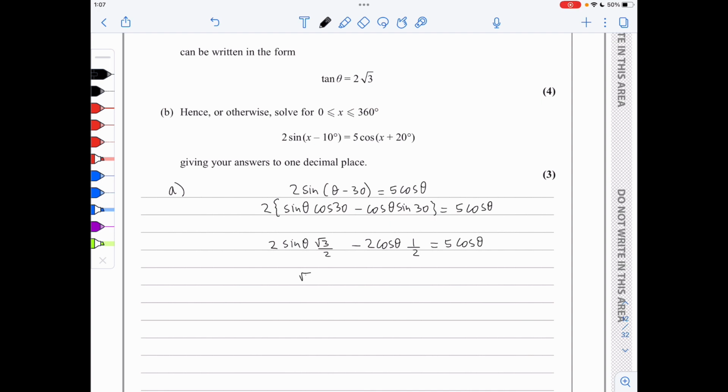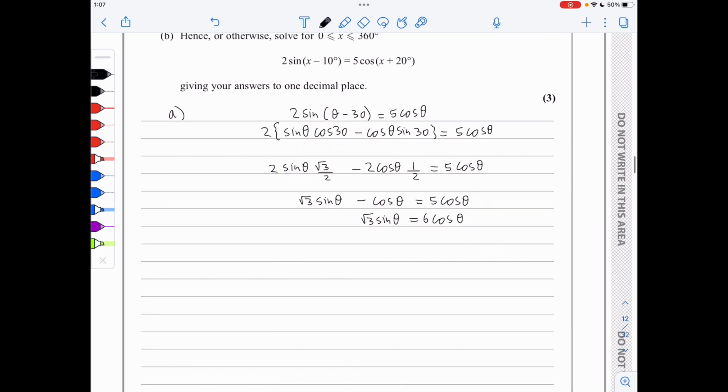And therefore root 3 sine theta minus cos theta is equal to 5 cos theta, leading to root 3 sine theta is 6 cos theta. Now I will divide both sides by root 3 cos theta, so that the left hand side will give me simply a tan, and on the right hand side I will be having 6 over root 3.